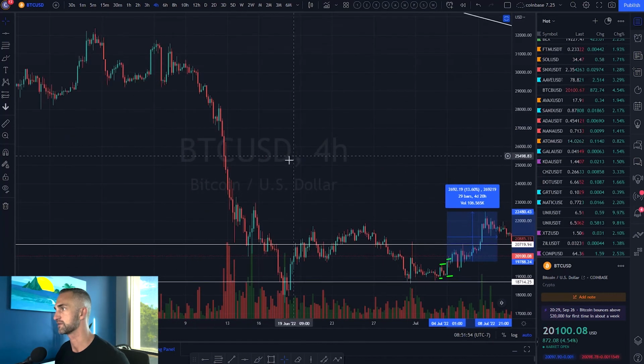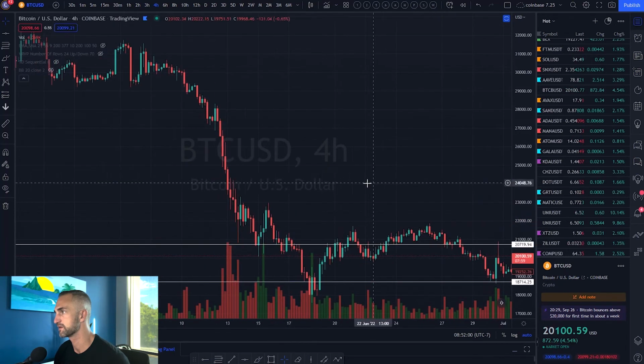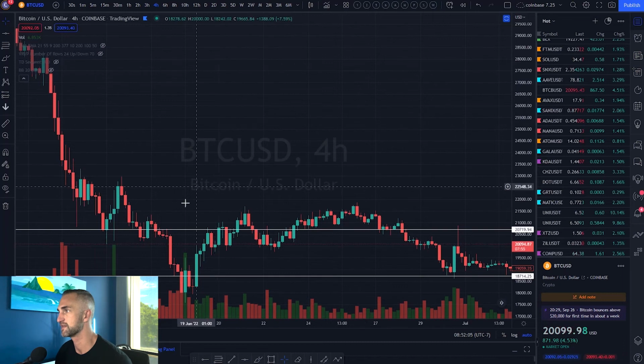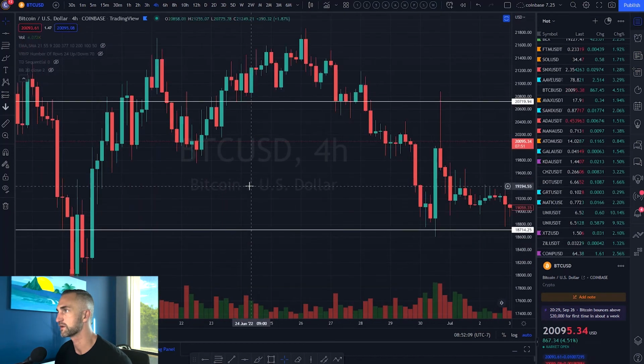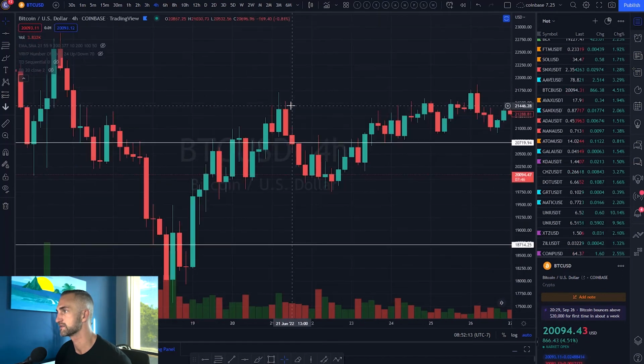Let's see if we can get another 4-hour uptrend confirmation and show you a failure, because this is not going to work every time. That's statistical probabilities, and whether you're more conservative or aggressive, it's going to be different ideas for you and your trading preferences.